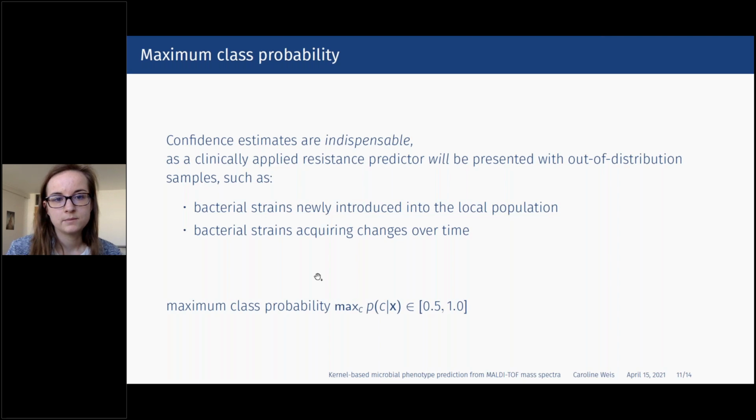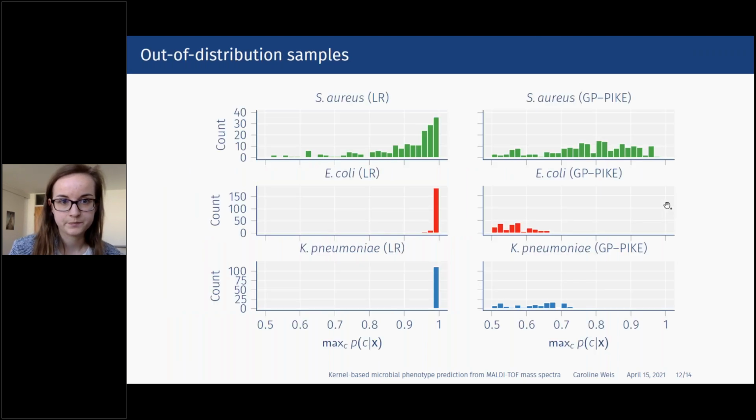As the confidence, because we have a binary prediction scenario, each class will be given a class probability. If you use the max class probability, you will get the probability of the class that is assigned. So the maximum class probability will be between 0.5 and 1, and that measure is what we used as confidence estimates.